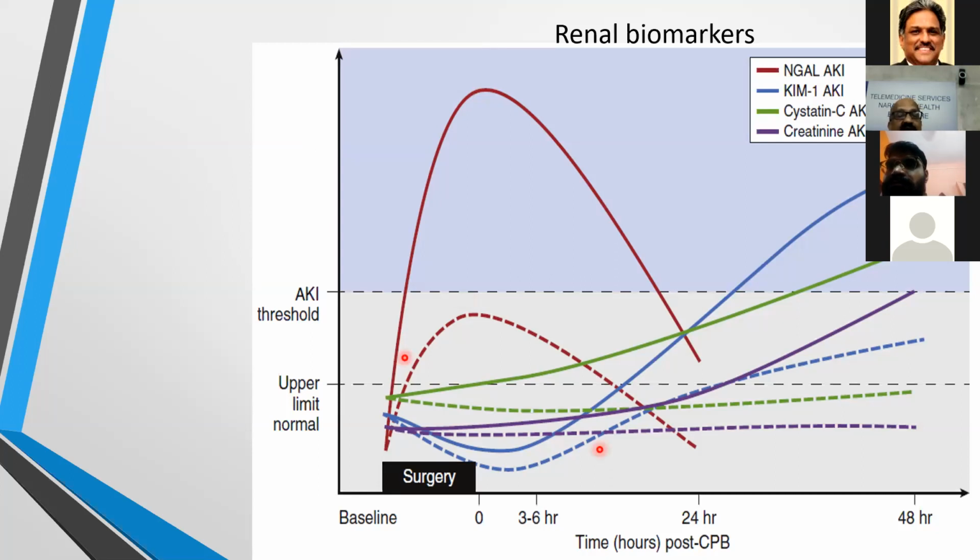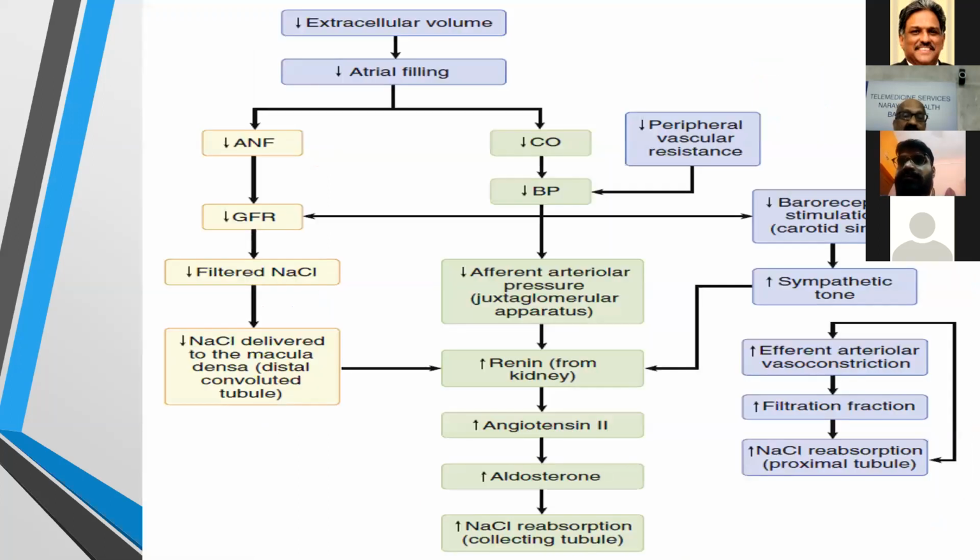So NGAL has been projected as an early marker of renal dysfunction, but there are certain issues with the estimation of NGAL, in that even neutrophils and the inflammatory process can increase NGAL, and it is difficult to differentiate NGAL elevation because of kidney injury from the inflammatory process. Hence it has not been used routinely in clinical practice, though it appears to be a significant contributor in detection of acute kidney injury.